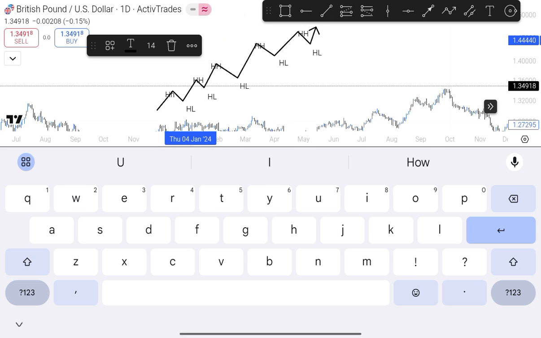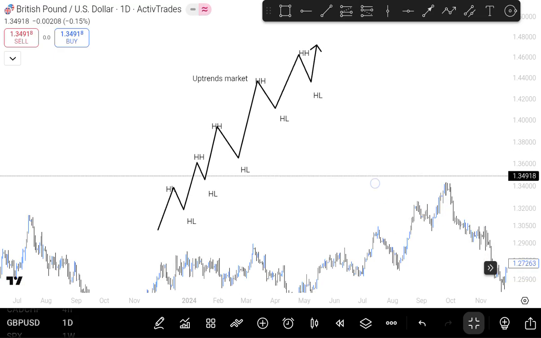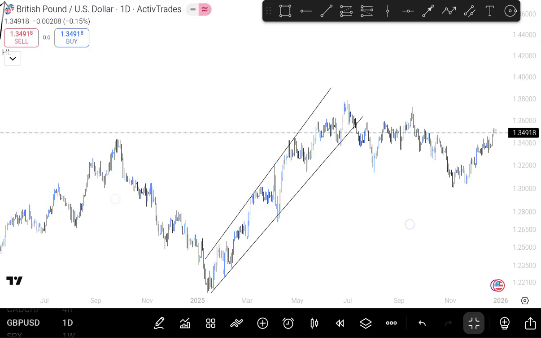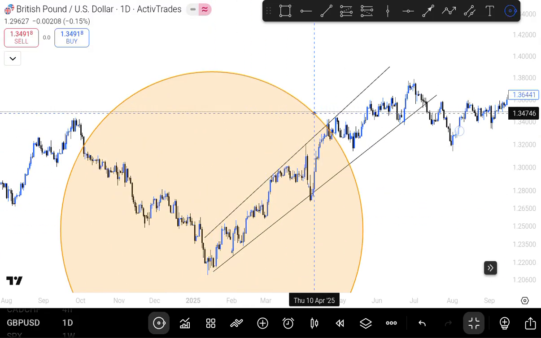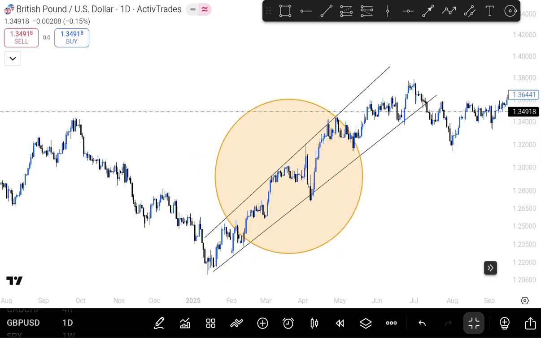You can see it is an uptrend market. This particular chart is in an uptrend market.